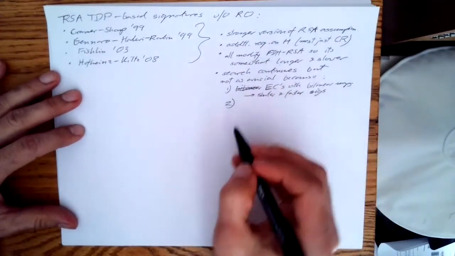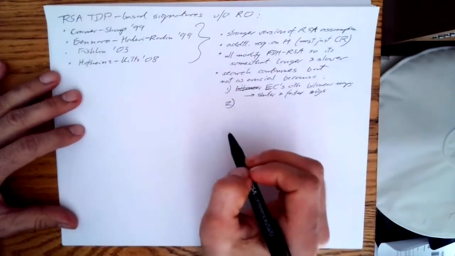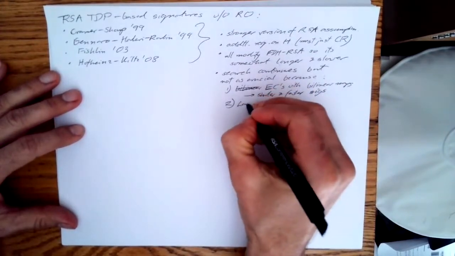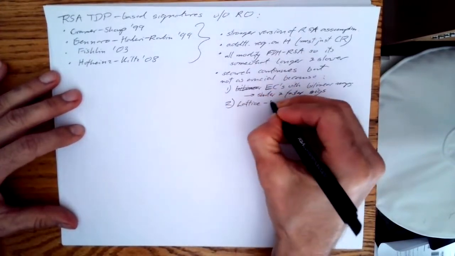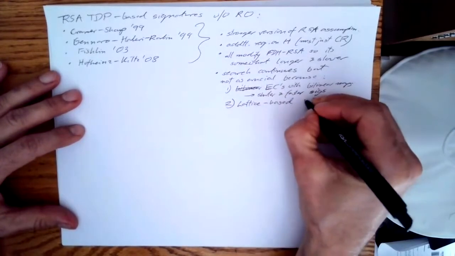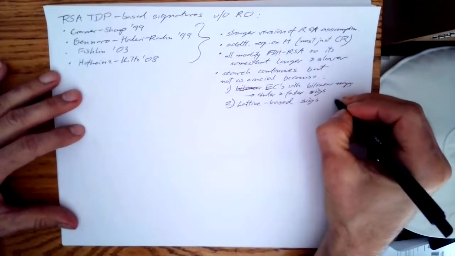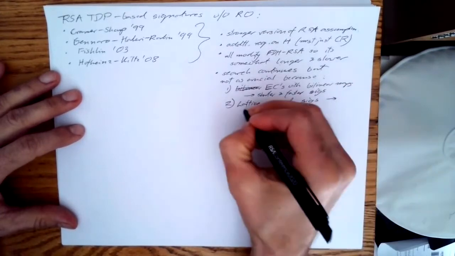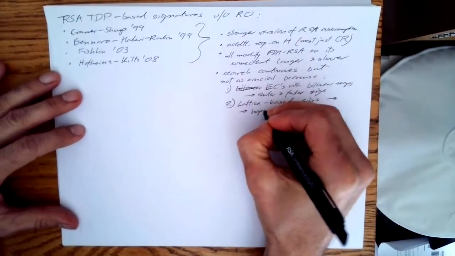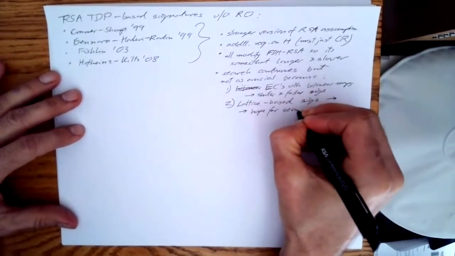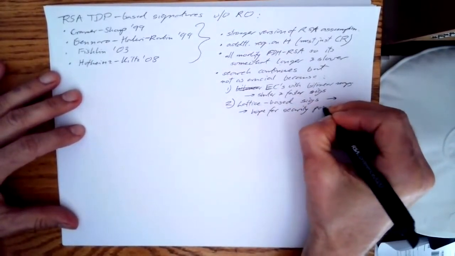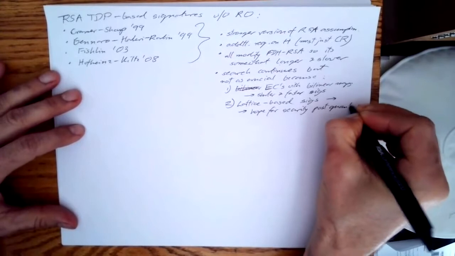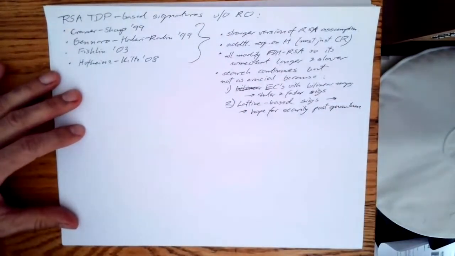This for now looks like a more attractive setting. And lastly, lattice-based signatures are, in a sense, even more important because they hope for security post-quantum. Right.